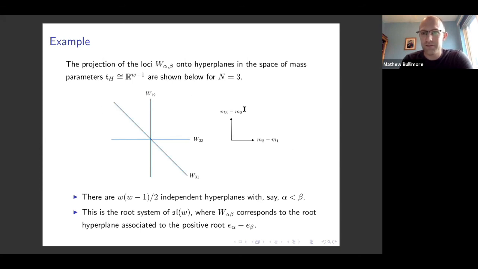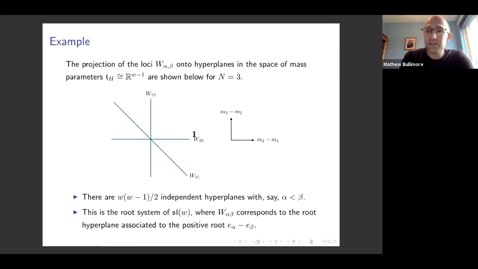If I take the difference of the masses and use that to coordinatize the space, then there are three hyperplanes, W12, W23, and W31, where domain walls between pairs of vacua become tensionless.